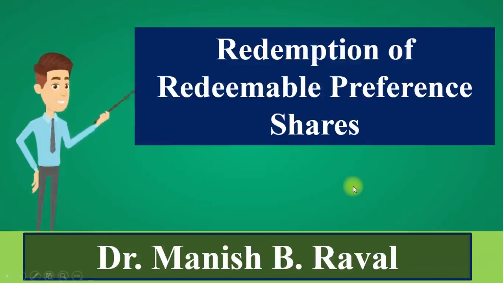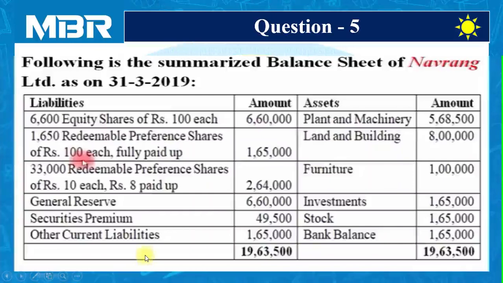Today, in this session, I would like to discuss a practical problem related to redemption of redeemable preference shares, in which more than one variety of redeemable preference shares are given and we have to redeem both the varieties of preference shares simultaneously. On your screen, balance sheet is available.